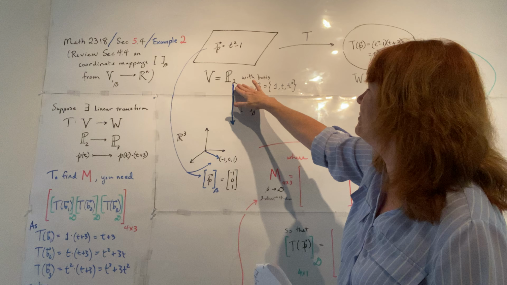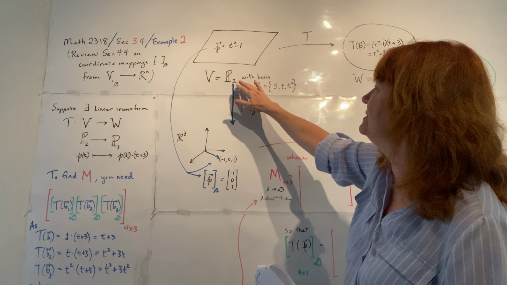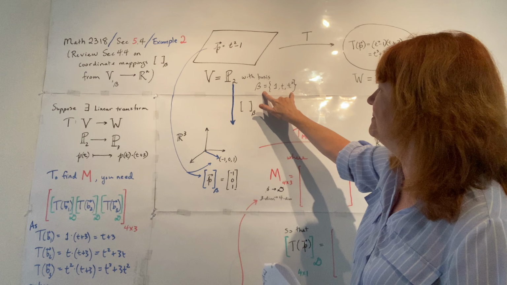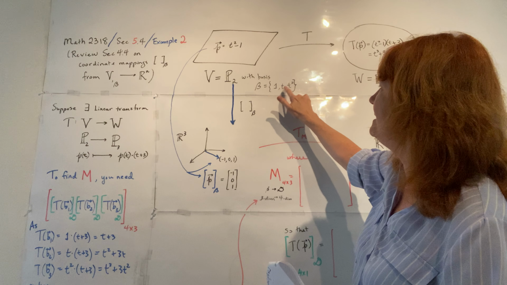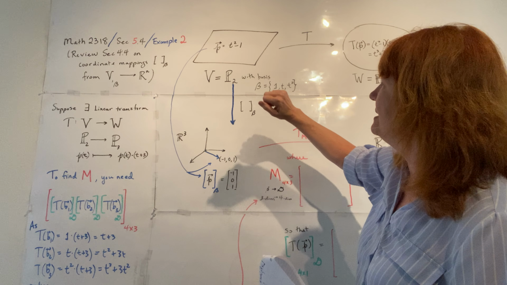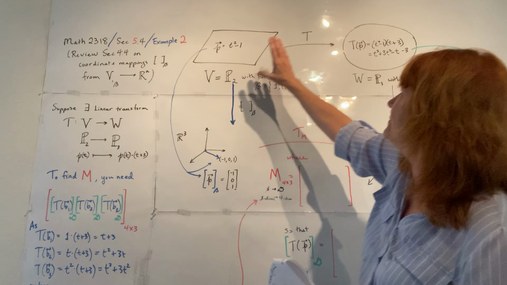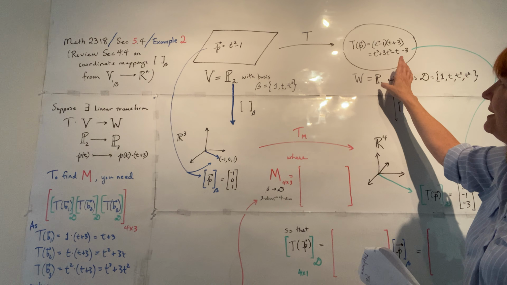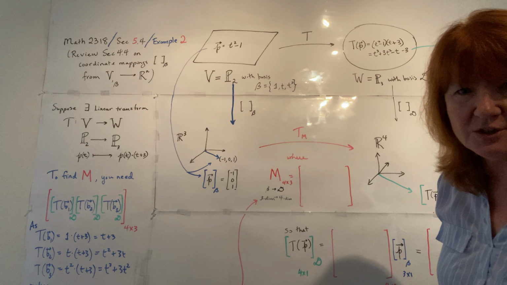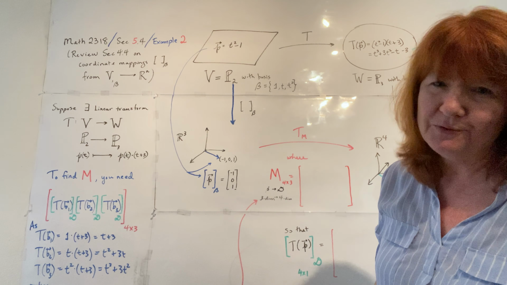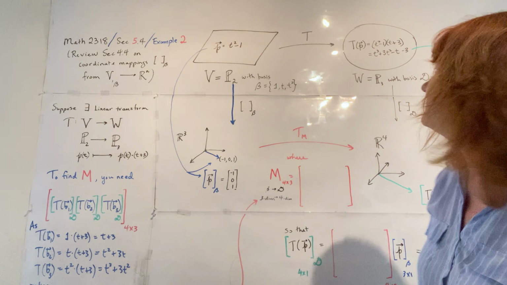That's the set of all polynomials of degree at most 2 with its basis beta with 1, t, and t squared in it. And we're going from P2 to P3 under a transformation that the book shows you how you could prove, or you could do it yourself, why that's linear.